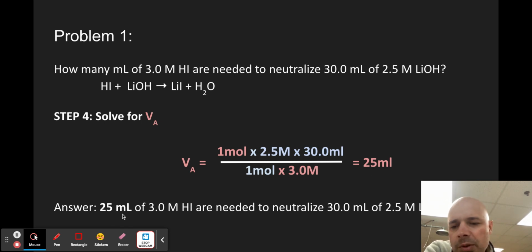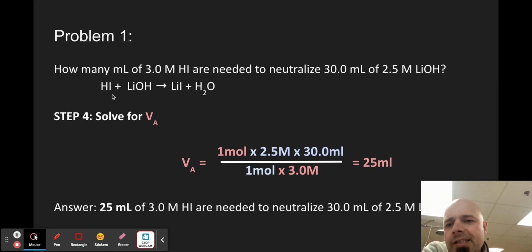So the answer then would be 25 milliliters of 3.0 molar HI are needed to neutralize 30 milliliters of 2.5 molar LiOH. And one thing you want to always do is check if it makes sense. So let's see. Acid has a higher concentration than the base, which means there are more moles of acid per liter of the acid than there are of hydroxide ion in the base per liter of that.